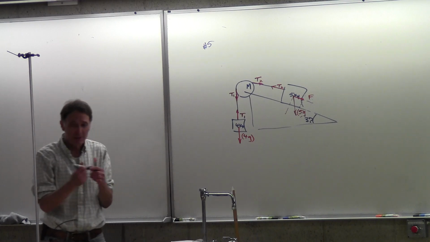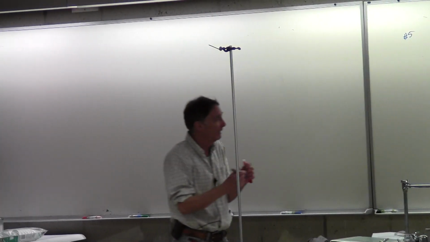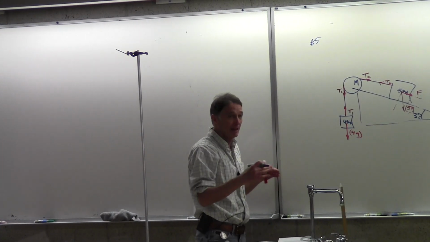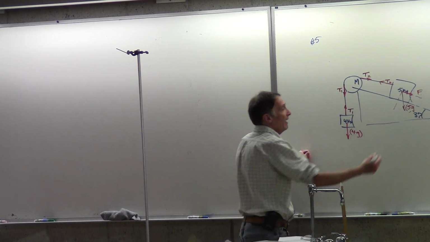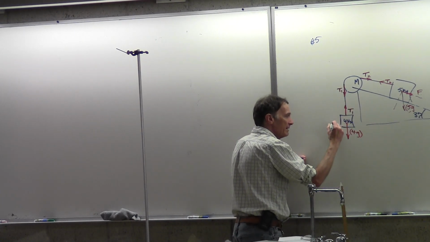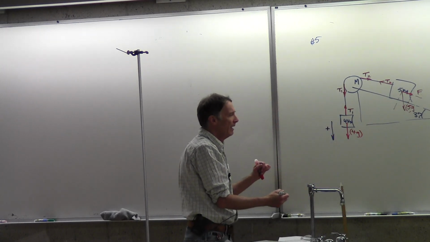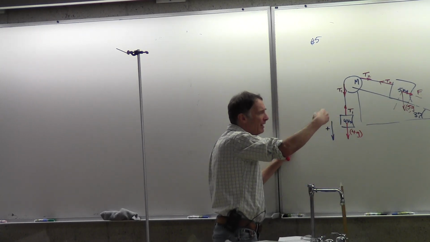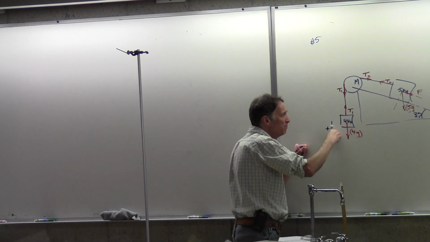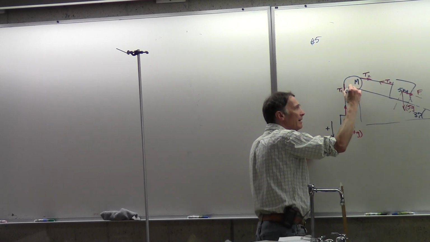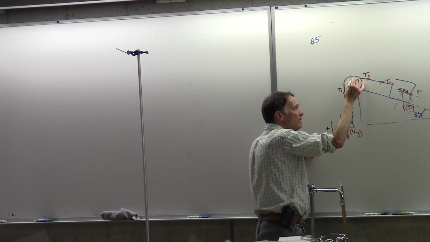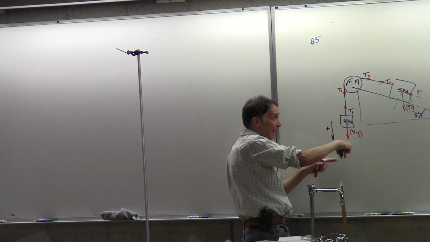What you do is first establish a sign convention, and I think this is the best way to stay out of trouble. I think it is pretty obvious this thing's going to go down, so let's call this the plus direction, and have everything related to that. So if this is plus, that means that this would have to rotate in this direction, we'll call plus, if it's going to go down.